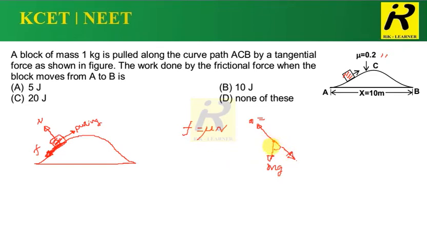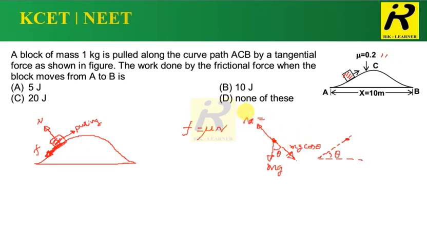If the block makes an inclination theta with the horizontal, then that same theta appears here. Therefore, the component of the weight in this particular direction becomes mg cos theta.